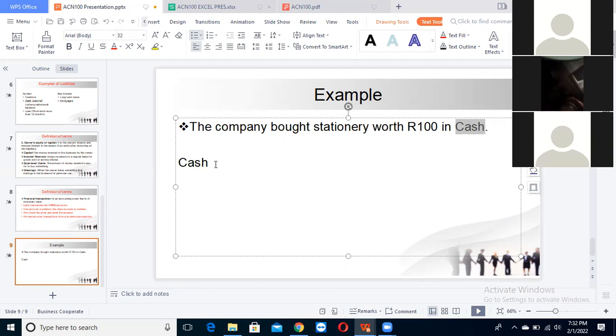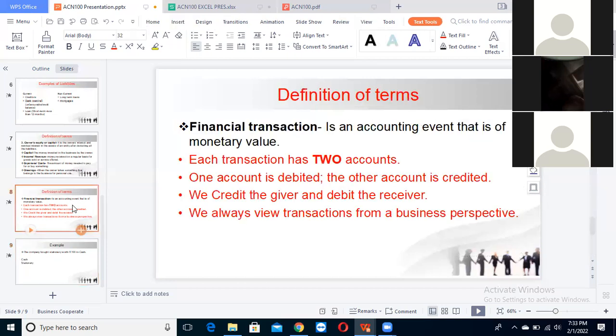So cash is the first account that we have. What are we using the cash to buy? We're using the cash to buy stationery. And that tells us that stationery also becomes an account. So we've identified the two accounts that are involved in this particular transaction, the cash account and the stationery account. Then we move on to the following step.